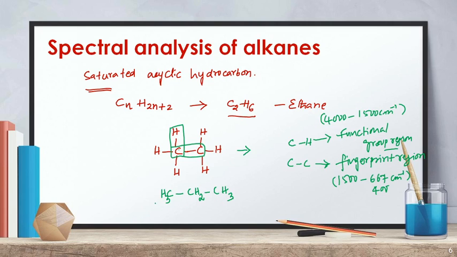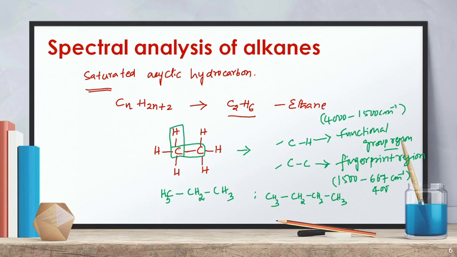So here 2 methyl groups are connected by 1 methylene group. For butane, a methyl group is attached to another methyl group through 2 methylene units. Whatever compound you take, you can find CH and CC absorption only, finally.